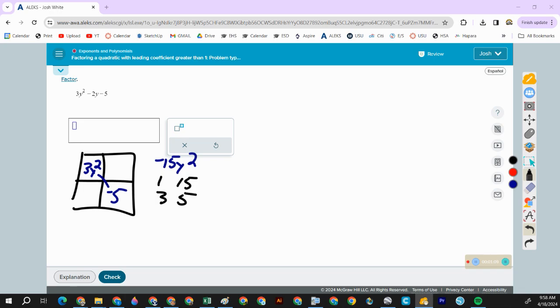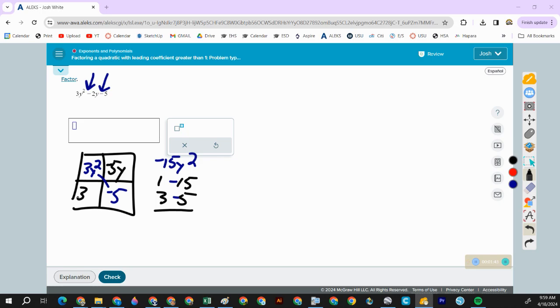And then this sign is negative, which tells me the factors have opposite signs. And this sign is negative, which means the bigger of the two is negative. So when these numbers fight it out, the big side is going to win, and the big side is negative. Will one of those give me a -2? Yes.